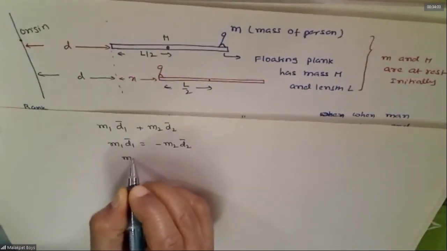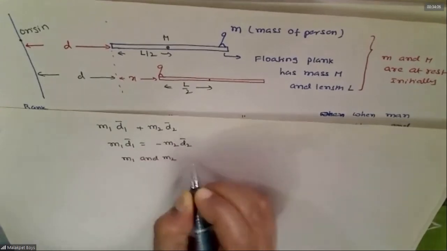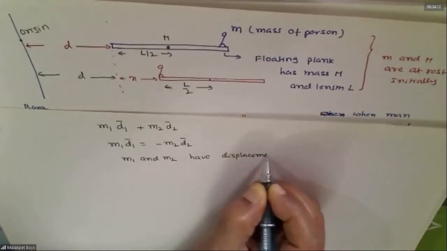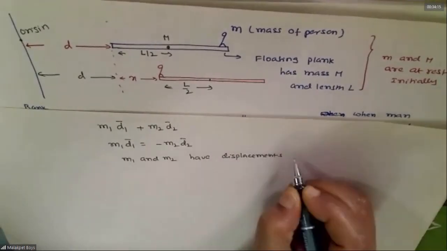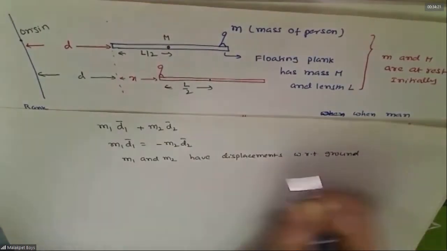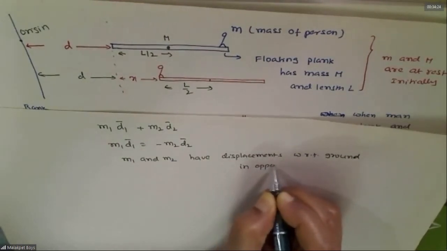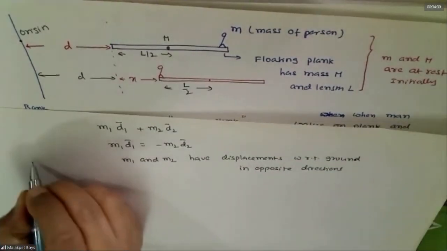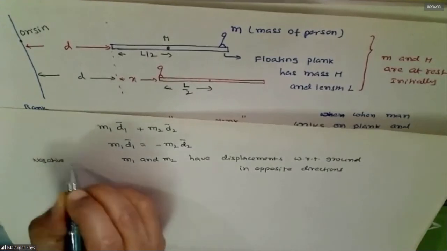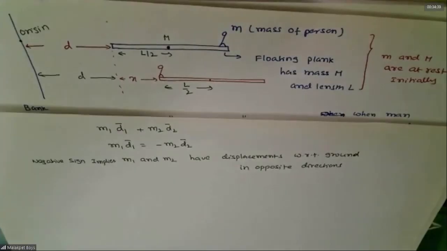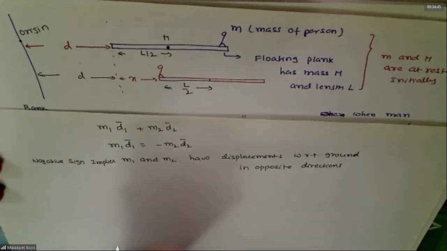That means M1 and M2 have displacements with respect to the ground, in opposite directions. Opposite direction is the meaning of the negative sign, no? Is it clear? Clear, sir.